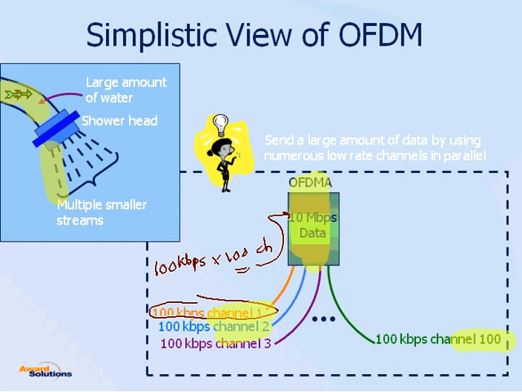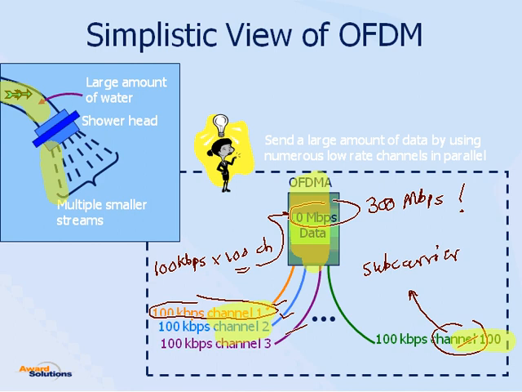So in this case, 10 megabits per second. In LTE, we can have as high as 300 megabits per second data. So one way to get this kind of very high data rate is parallel transmission on hundreds of these kind of channels. Each channel formally is called subcarrier.